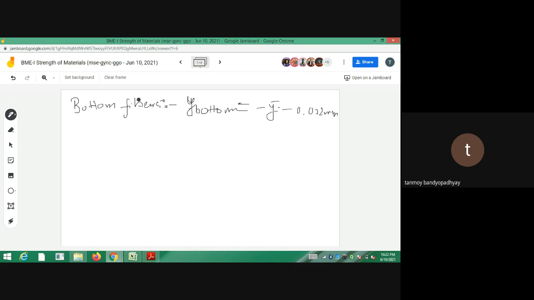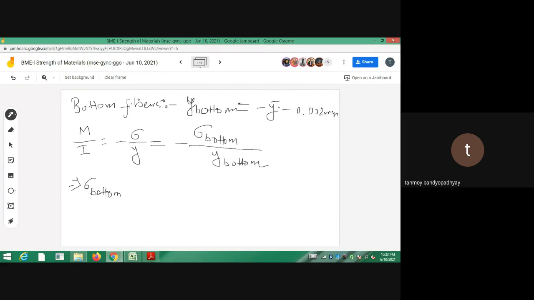So you do M by I is equal to minus sigma by y. This is the basic equation we got. So that is equal to minus sigma bottom divided by y bottom. So you calculate the value of sigma bottom.